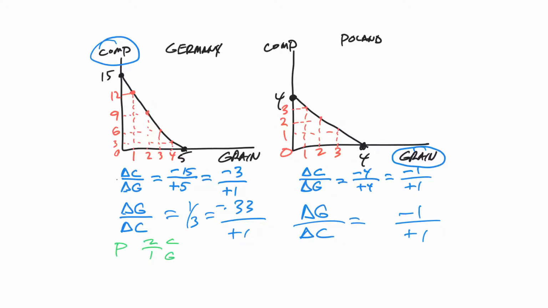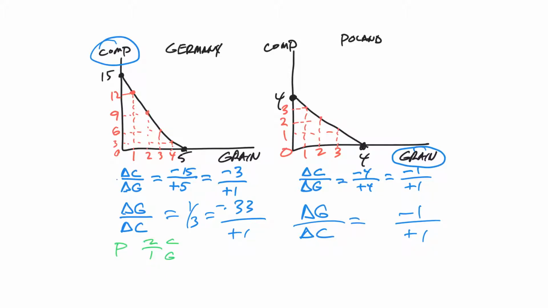So let's take a look at Germany's consumption possibilities. Now, this is their consumption possibilities with trade, specialization, and exchange. If they are self-sufficient, if they just do their own thing without trade, their consumption possibilities are the same as their production possibilities. They are one and the same.